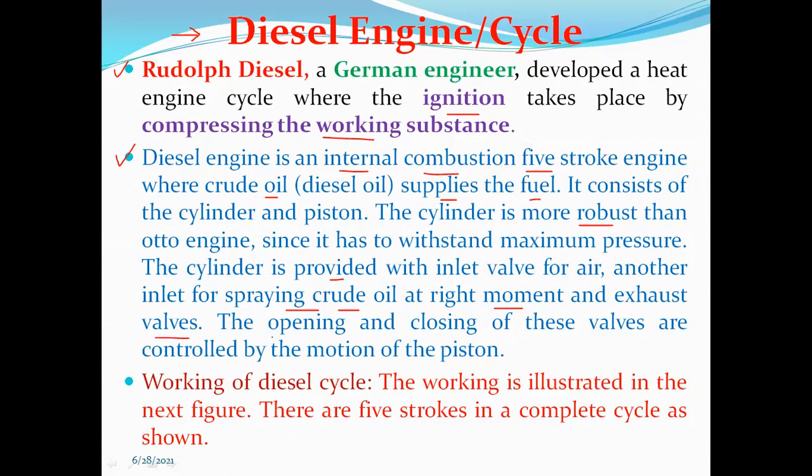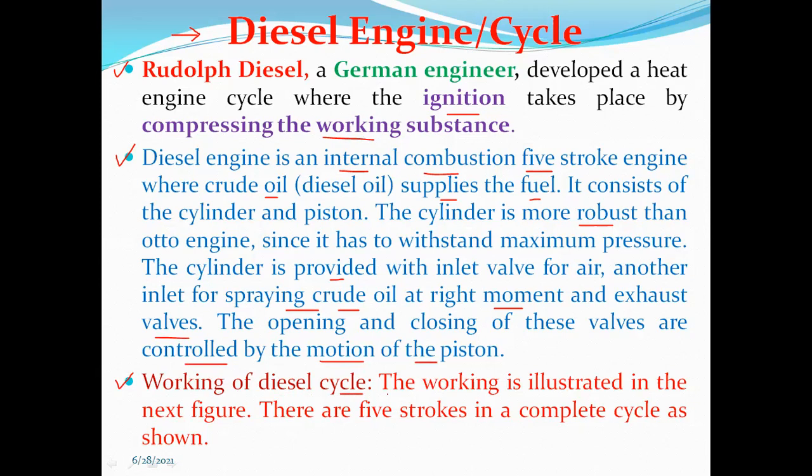The opening and closing of these valves are controlled by the motion of the piston. After that, the third point is the working of the diesel cycle. The working is illustrated in the next figure.